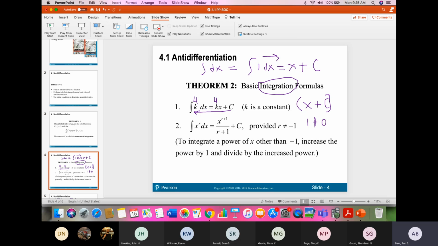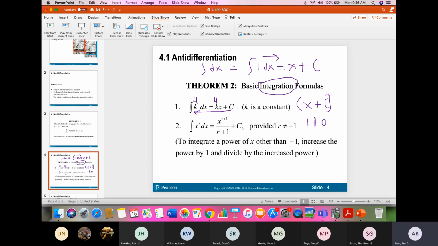This dx is just telling us what variable we're using. And then plus, we need this constant of integration, plus this additive constant, whatever it is. We have an infinite number of these answers, one for every different real number for that constant of integration.